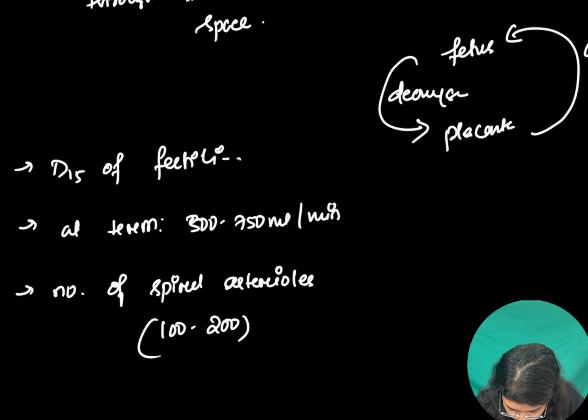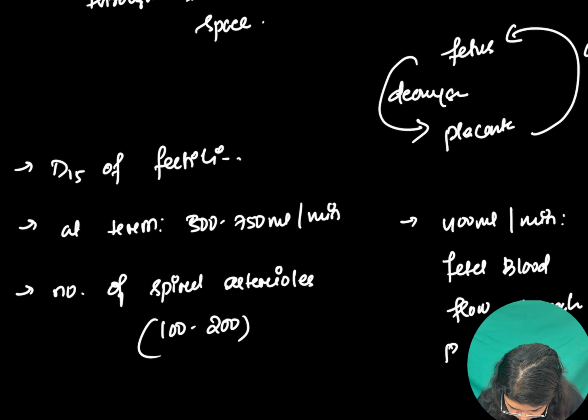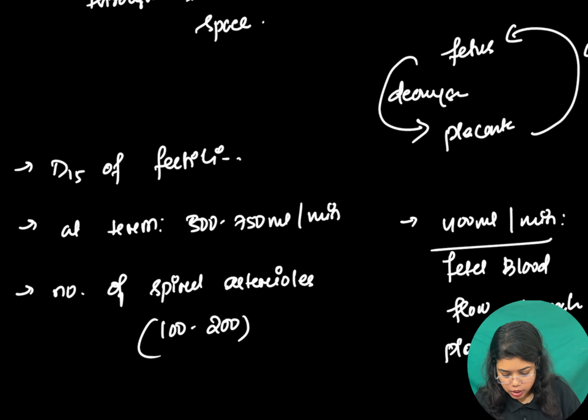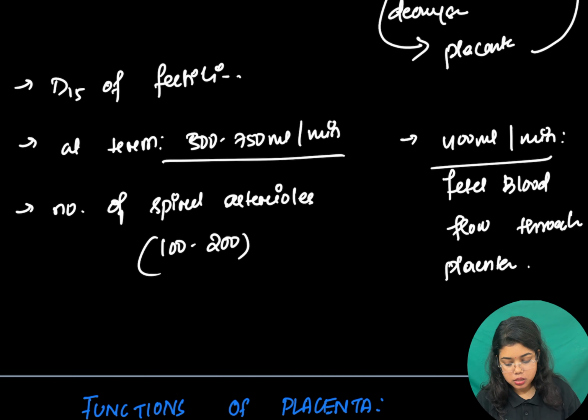And then here it is 400 ml per minute. That is the fetal blood flow through the placenta. This is 500 to 750 ml per minute for maternal flow, but this is the flow rate.